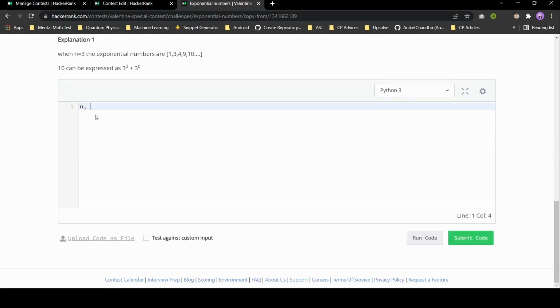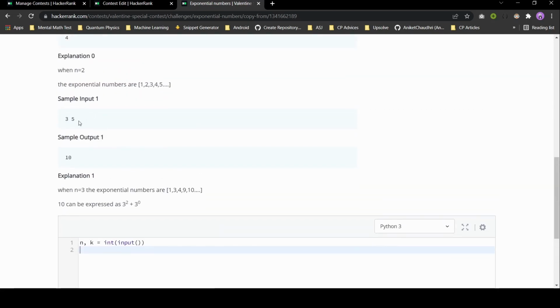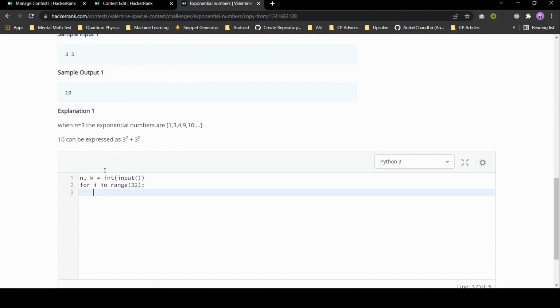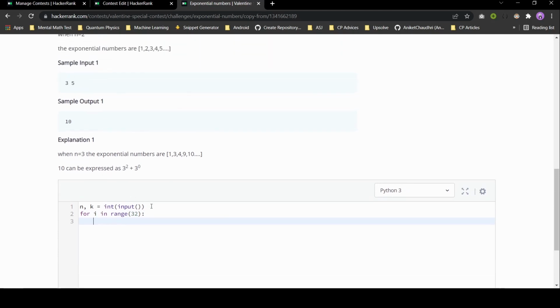Okay, so first of all we get n and k. And then for i in range of 32, first of all let's initialize our answer to 0 and the power variable to 1.